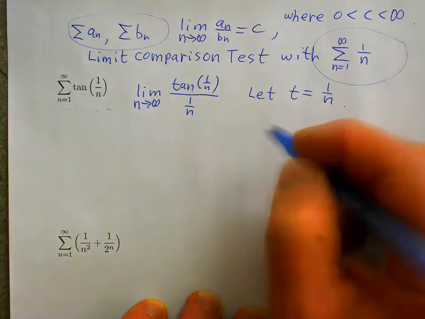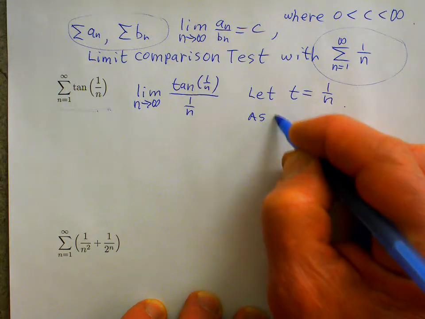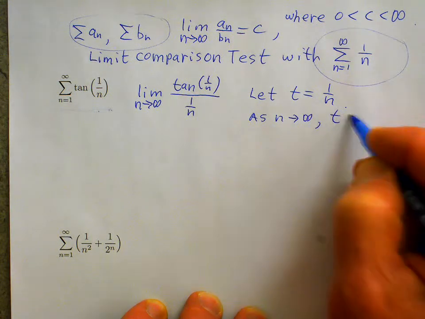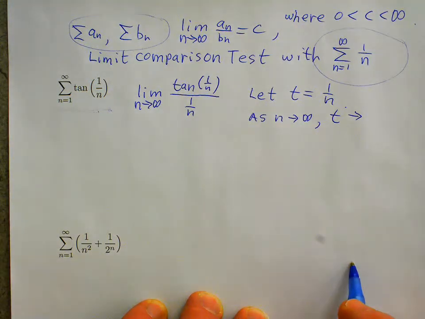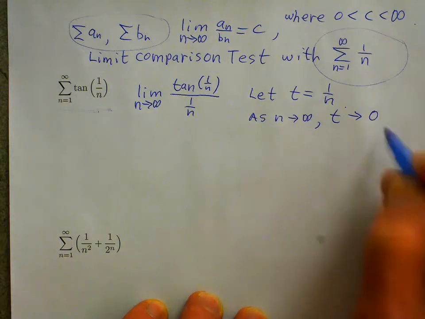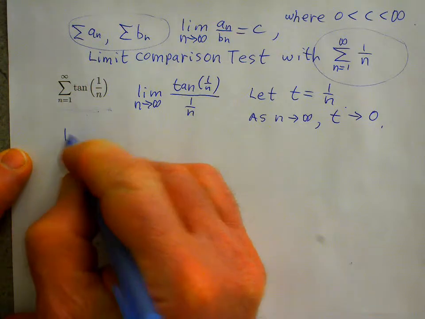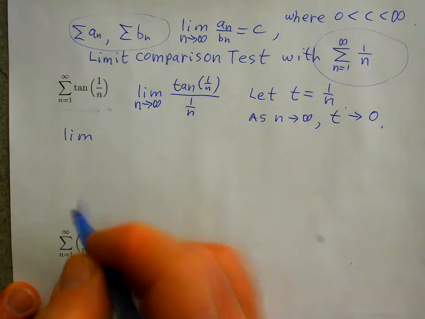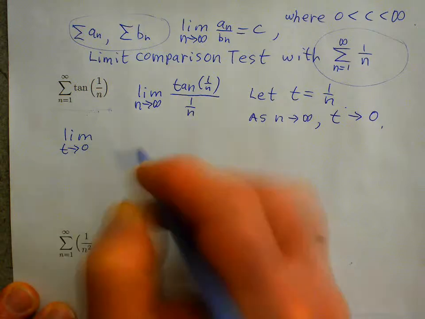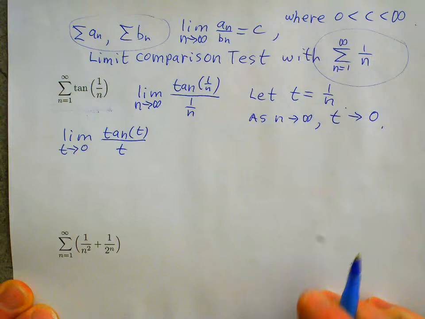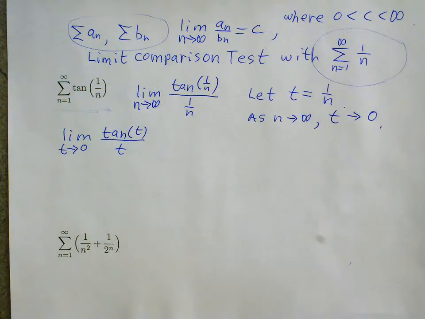And then observe that as n approaches infinity, what does t approach? Zero. Yeah. So we can rewrite this limit by making those substitutions. The limit as t approaches 0 of the tangent of t divided by t. So are we all okay with that?